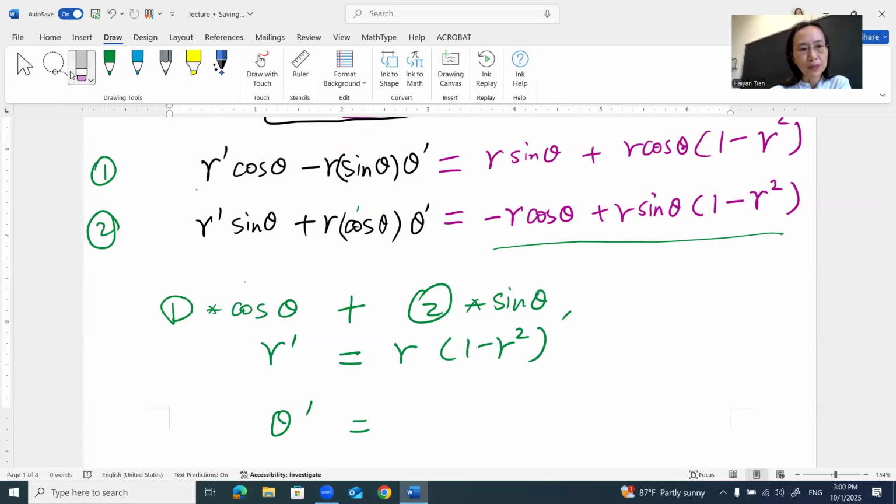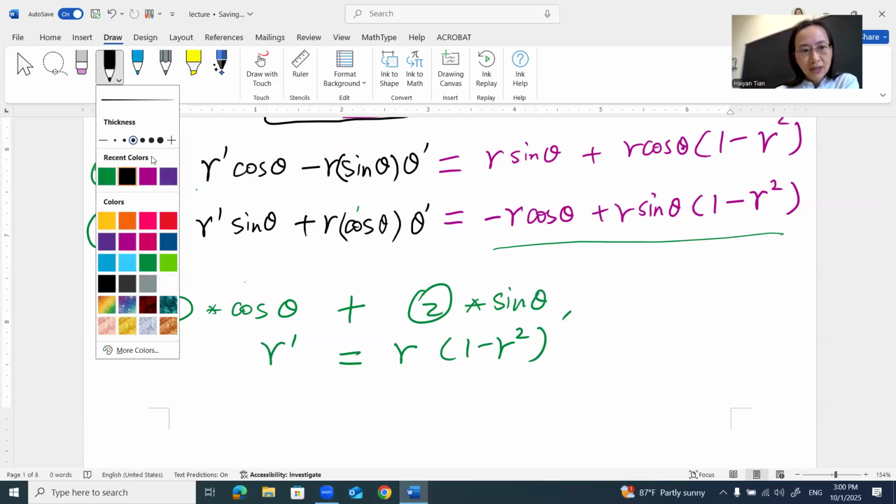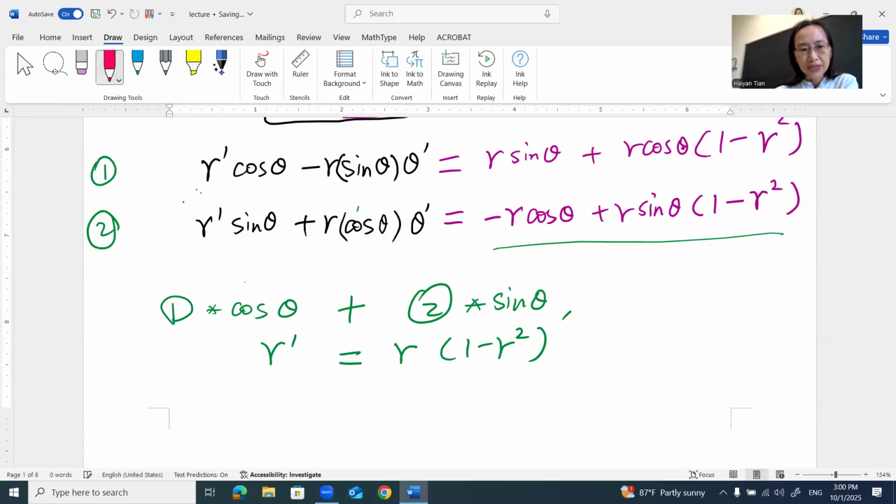That's our normal form equation. So how can I get rid of r derivative using the two equations? So let's look at the two equations. If the first equation times sine theta, and the second equation times cosine theta.